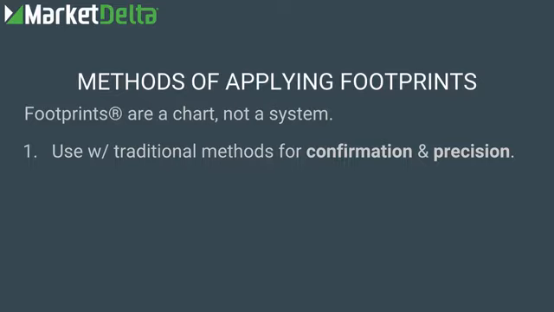That is a very perfect combination of footprints and what you already do. It's a great way of implementing it, especially when you're brand new. As you become more advanced and more experienced with the footprints, you're going to then start to see unique patterns of the footprints themselves that you can start to leverage. But initially, confirmation and precision is a great way to use it.